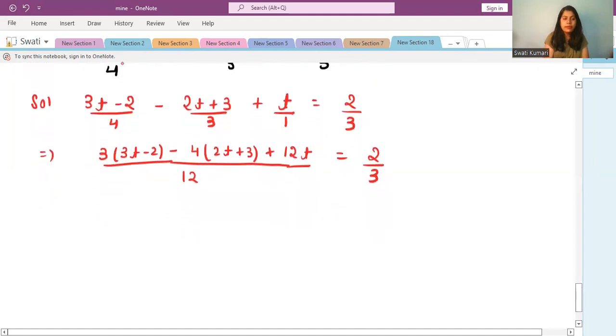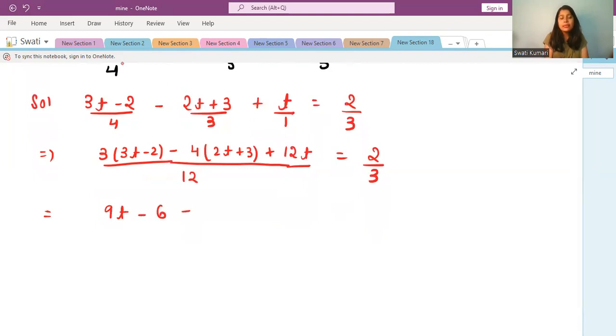Now we can simplify this, of course, using the distributive property. So 3 into 3t is 9t, minus 3 times 2 is 6, minus 4 times 2t is 8t. And then you can see that here we have a negative sign outside the bracket. So once you remove this bracket, this plus sign will become minus. Why? Because minus into plus is minus.